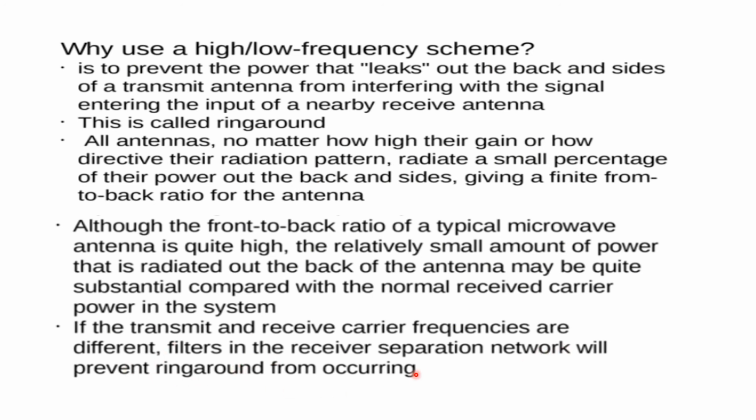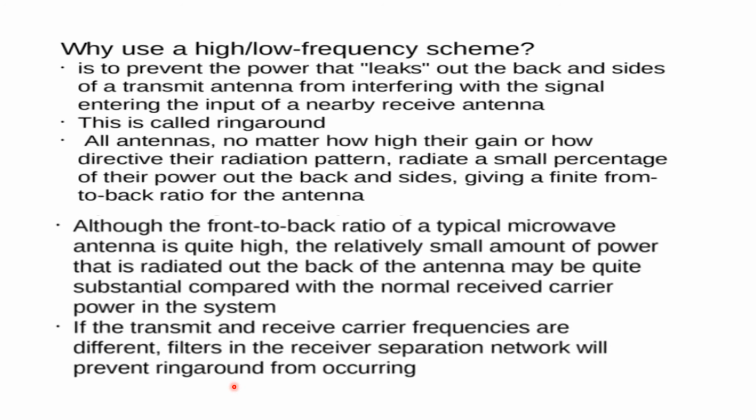So due to these two reasons, to prevent multi-hop interference and to prevent the ring around condition, we employ the high-low microwave system. The disadvantage of this particular system is the number of channels available, that is, we have to divide the bandwidth into half.